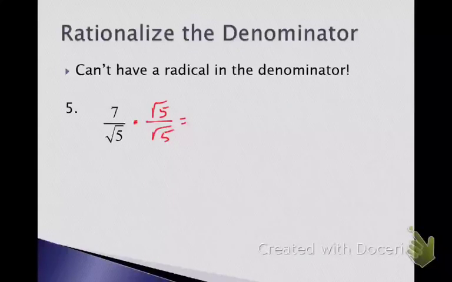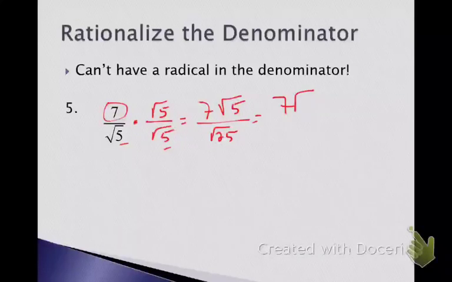And why is that? Because when I multiply, so I'm going to take 7 times, well, there's nothing else outside, so it's just 7. And then inside and inside, there's nothing else inside of a radical except for 5. So we get 7 radical 5. Over, inside times inside is the square root of 25 in the denominator.